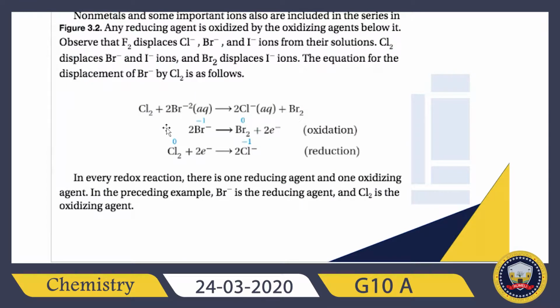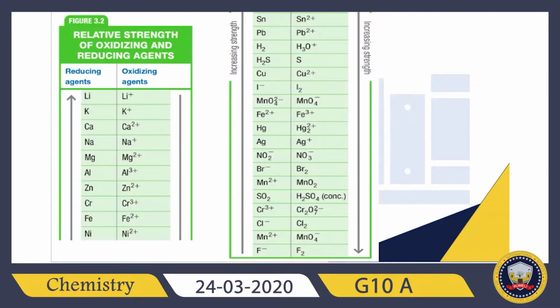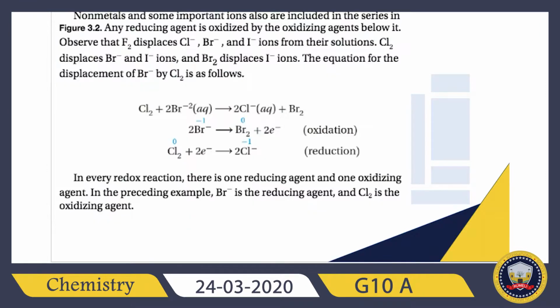Non-metals, you know, are on the right of the periodic table, and some important ions are also included in the series in figure 3.2. Any reducing agent is oxidized by the oxidizing agents below it. And you can see here the displacement.